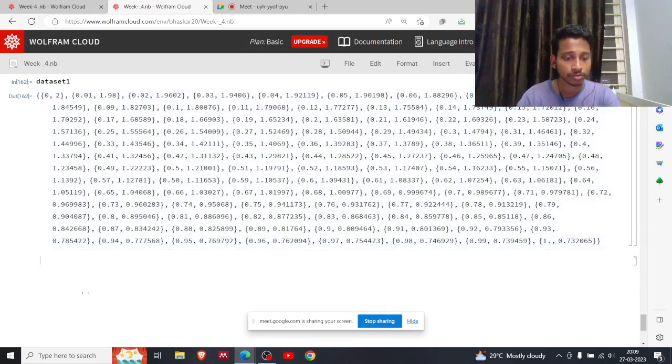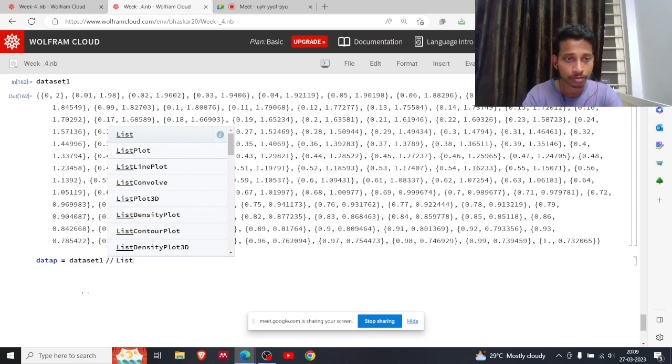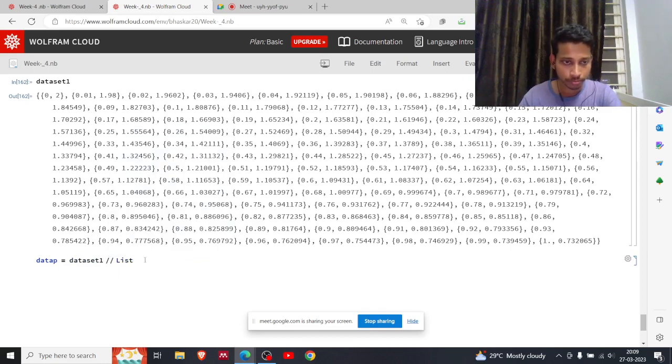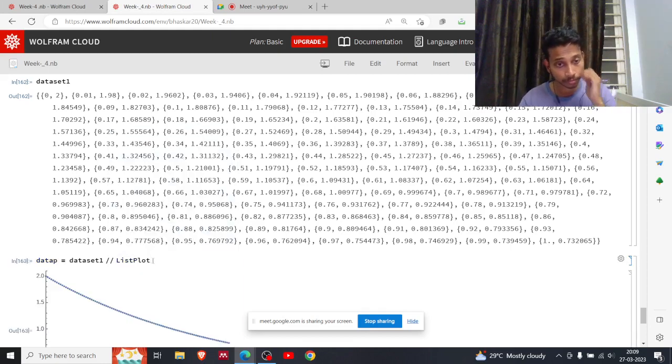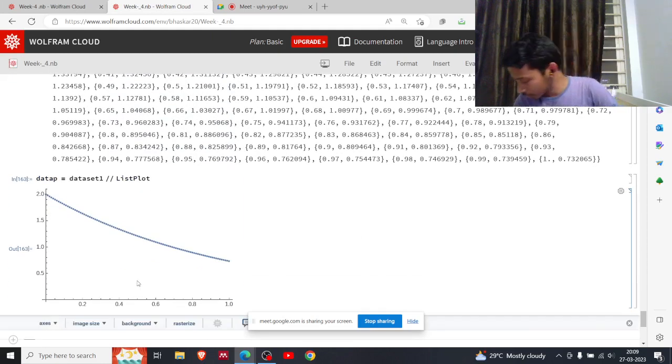Now what we can do is we can plot data p is data set 1, so this is the plot for the data table.